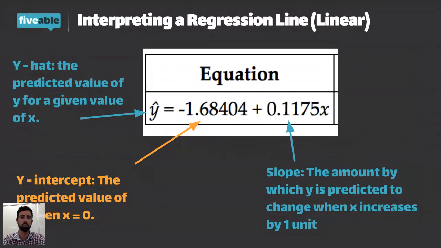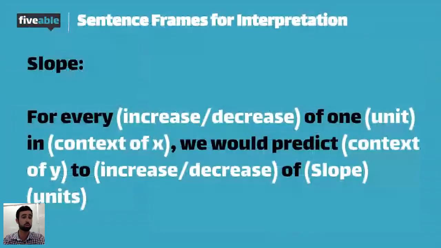So first we're going to start with slope. Go ahead and screenshot this, write it down. This is how you're going to interpret slope on the AP exam.